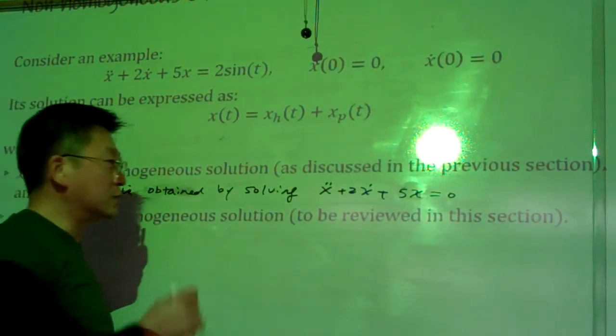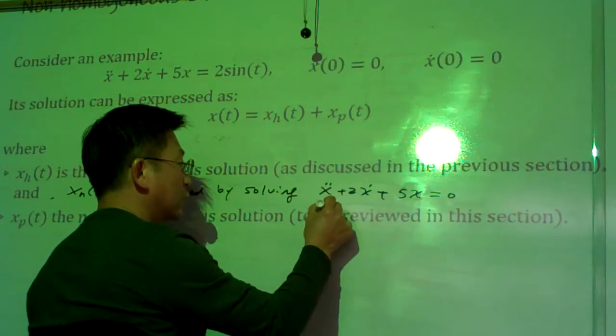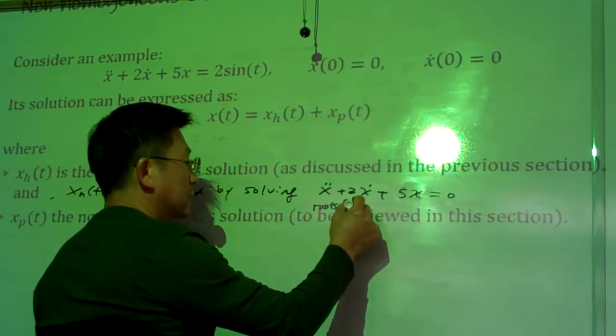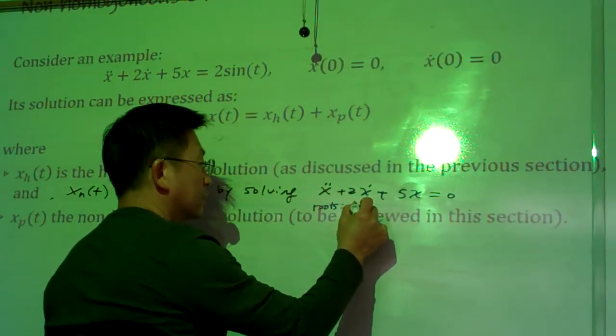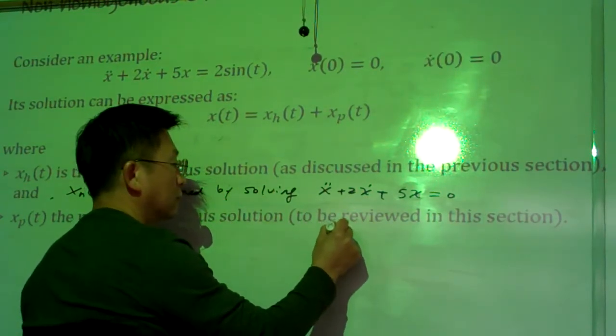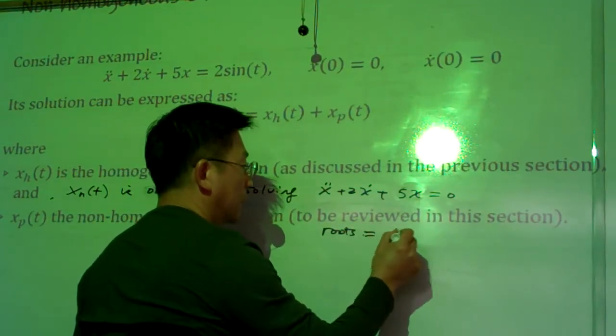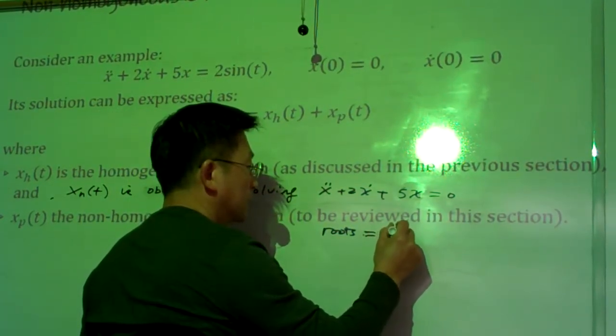For this case, you can see the characteristic root is how much? Equal to 2a minus b.